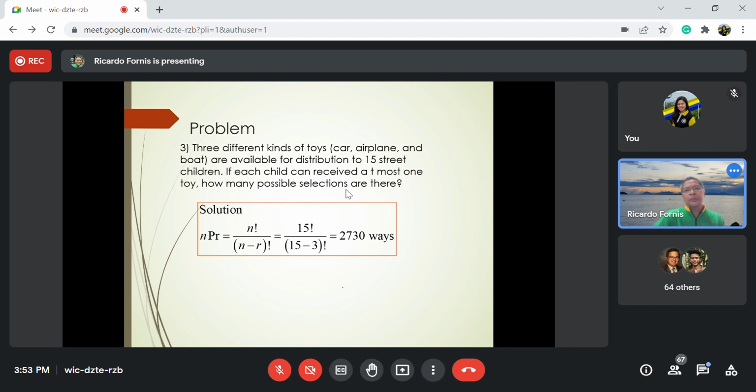In this particular case, we view it as nPr, because the objects, the car, the airplane, and the boat, are considered different.